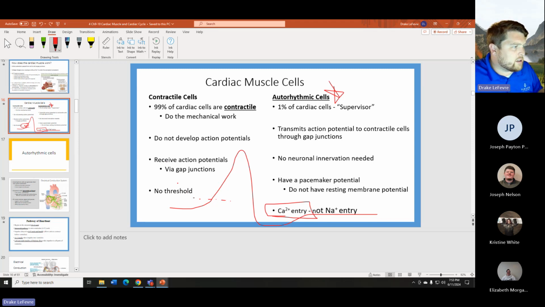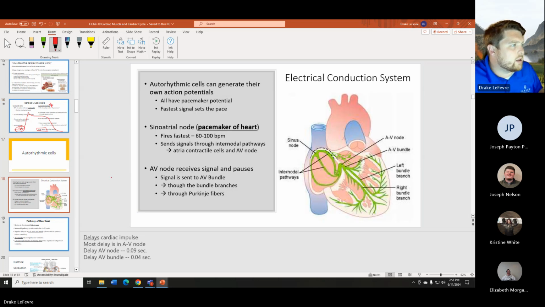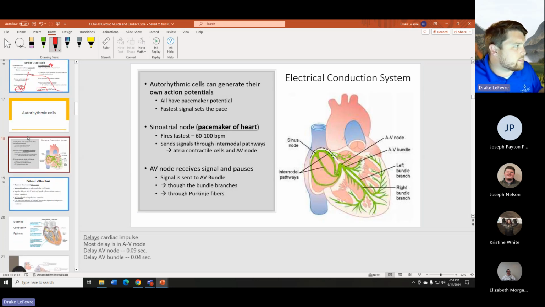The difference with cardiac versus skeletal muscle is that with cardiac, we're going to be dealing with calcium channels. Calcium channels are our main channels. A little bit more anatomy type stuff that we will come back to as well.